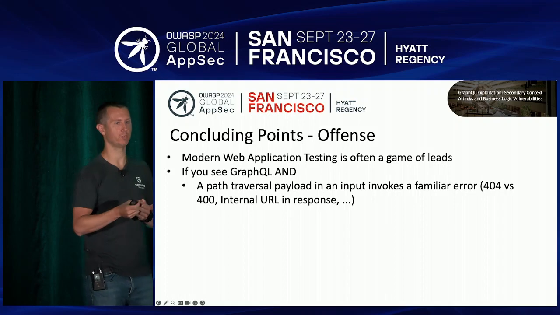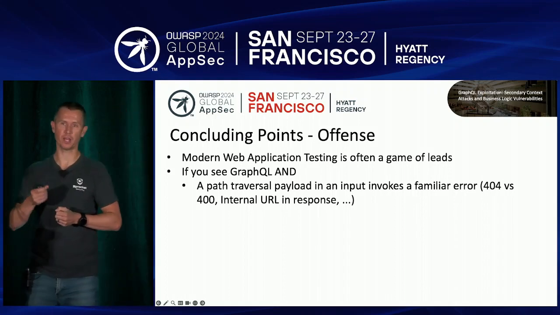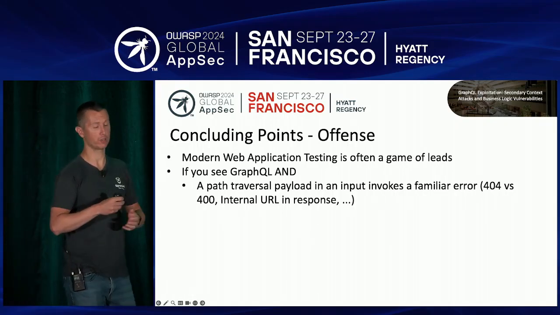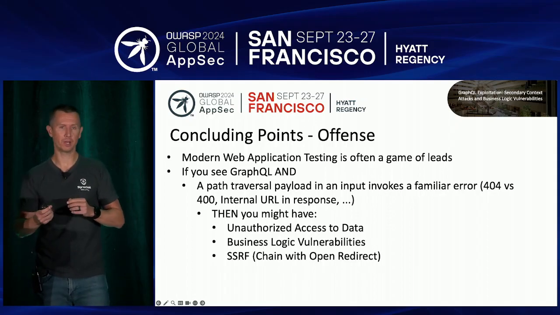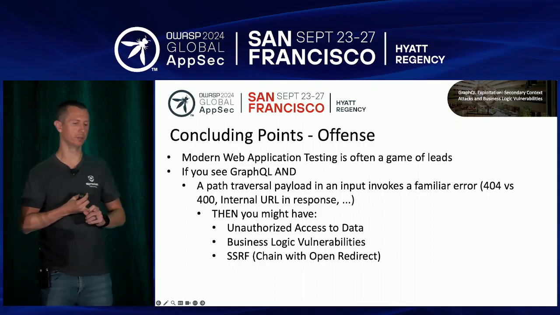In all of those examples, you have control over the request and can add in a path traversal payload and get a 404 or a 400, or even better, an internal URL in the response. Then you might have unauthorized access to data and business logic vulnerabilities.